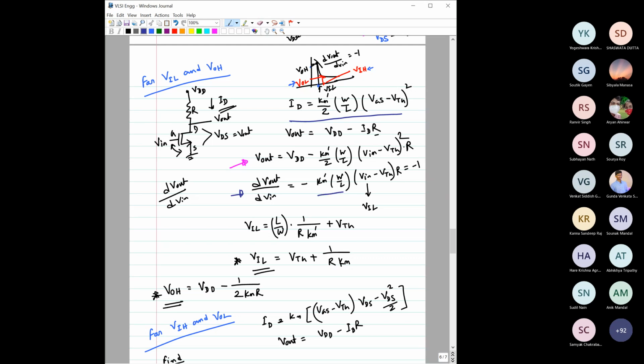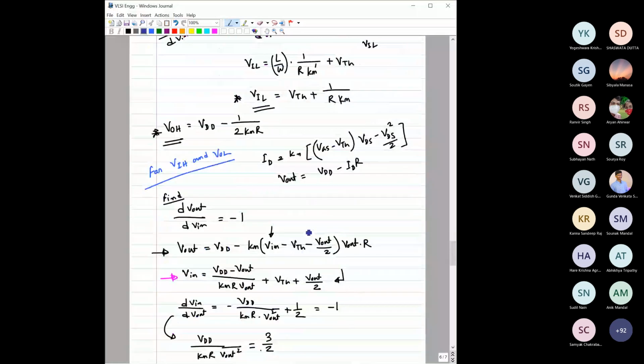So you can see this is basically Kn into R, right? So you can clearly see from here that dV out by dV in, which is nothing but the slope, is proportional to this Kn into R. So the more the Kn into R, the more the slope.